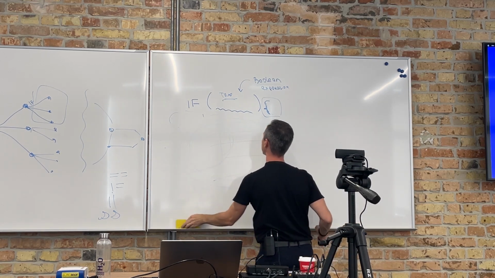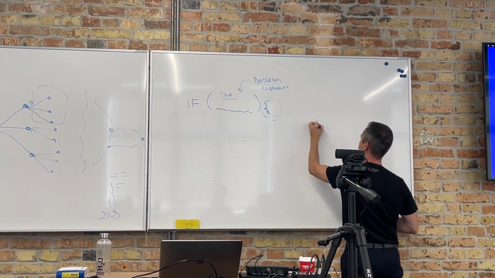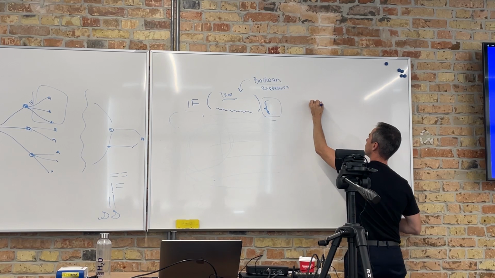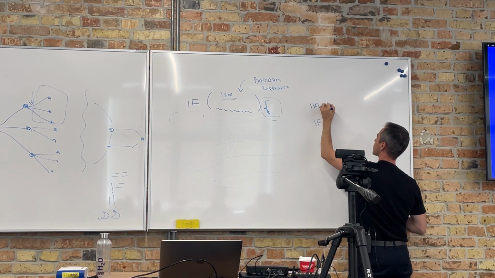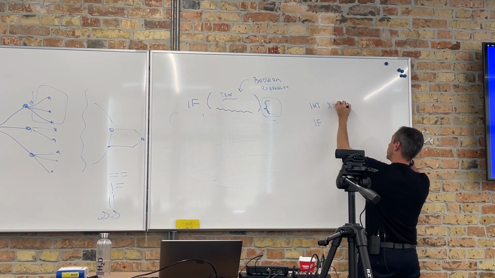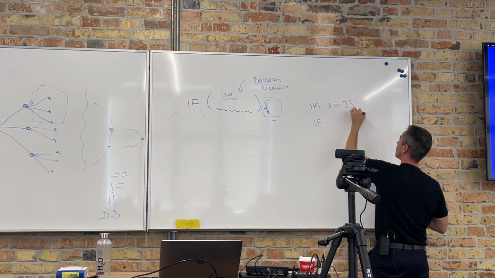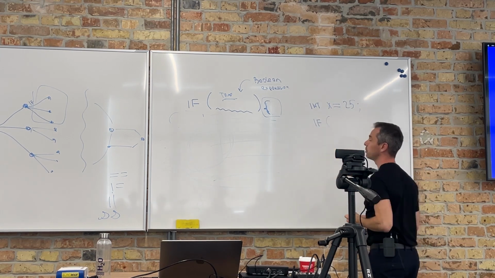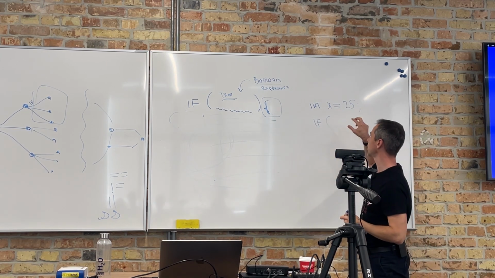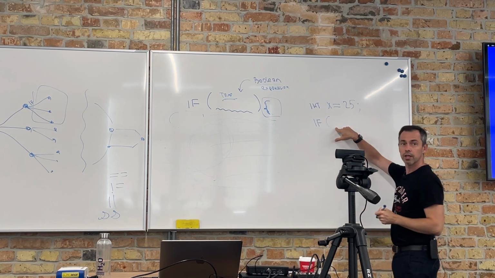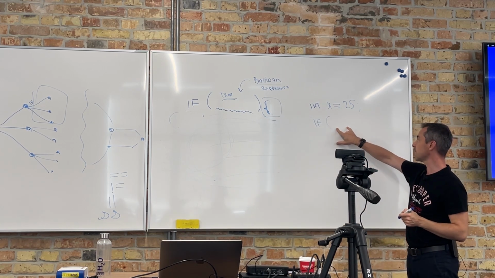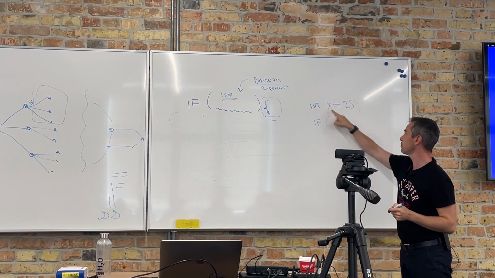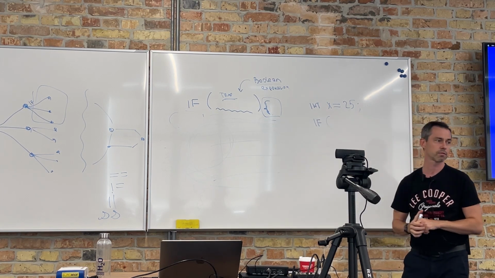Let's write just some example. Let me have variable int x equals 25. Now, please propose me some logical expression inside this if statement with a variable which contains variable x.